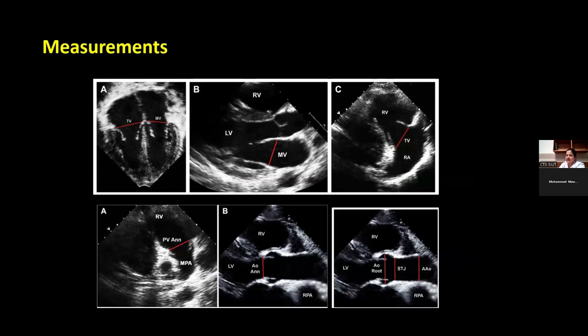Now this is the important chart, which I have already described: when you have to measure and how you have to measure, in systole or in diastole. You have to be very gentle and cautious about what you are measuring and where you are measuring, because a slightly off measurement will give you the wrong Z-score, and then you may interpret that this is bigger than normal, or smaller than normal.